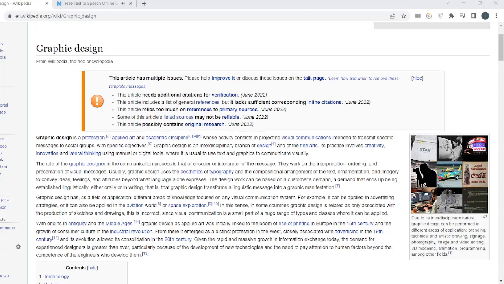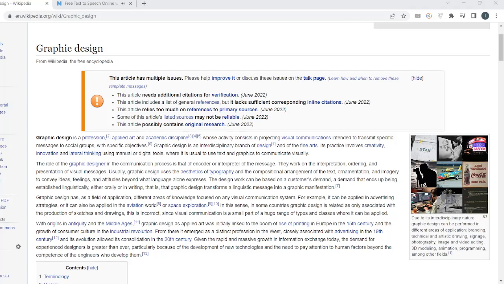The design work can be based on a customer's demand, a demand that ends up being established linguistically, either orally or in writing.